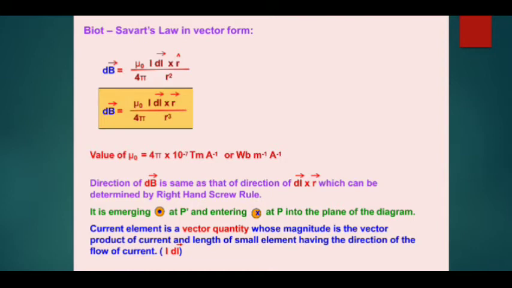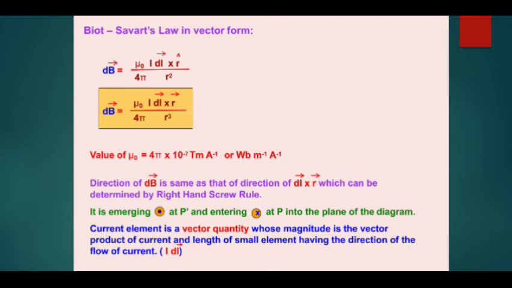In vector form, the same dB is equal to mu naught I dl vector cross r vector, where r cap is the unit vector, divided by 4 pi r square. If sine theta is equal to 90 degrees, what is the value? 1.